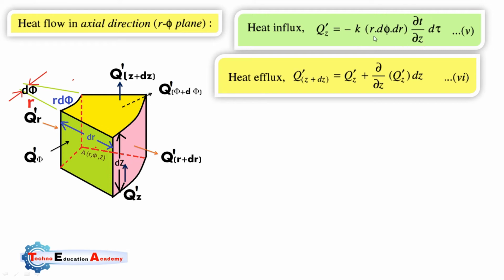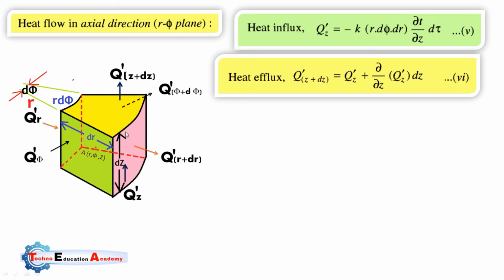So here the area is which is perpendicular to the direction of heat flow. In axial direction the perpendicular area is r into dφ into dr, this plane, this yellow color.